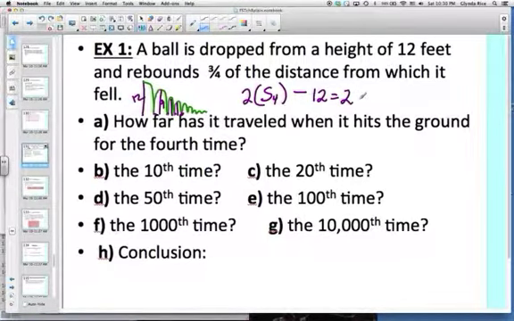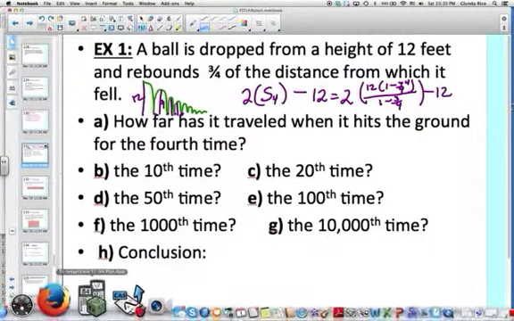So that's 2 times the original height, 12, times 1 minus 3/4 to the fourth over 1 minus 3/4, minus 12. Take a moment, figure that in your calculator. I'll pull mine up here.